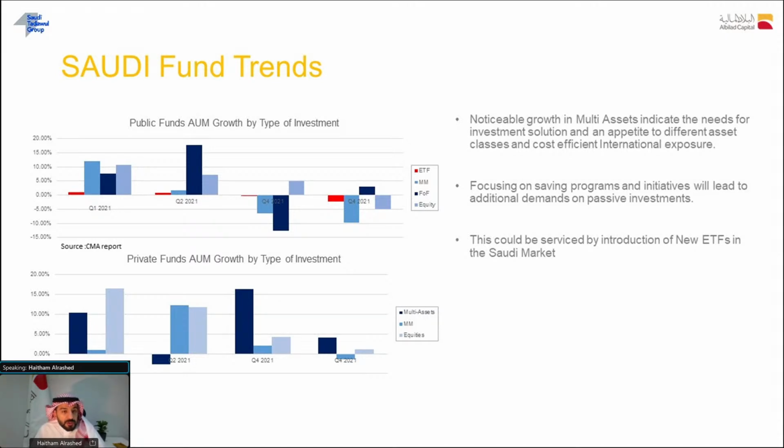There is an interest for Saudi individuals to have more savings, and it is one of the objectives of the financial industry in Saudi Vision 2030: to increase the savings of Saudi individuals or households. That being said, to be able to save through a robo-advisory or through mutual funds like multi-assets or fund of funds, they need a solution, and ETFs are usually the optimal solution for them to make the investments.